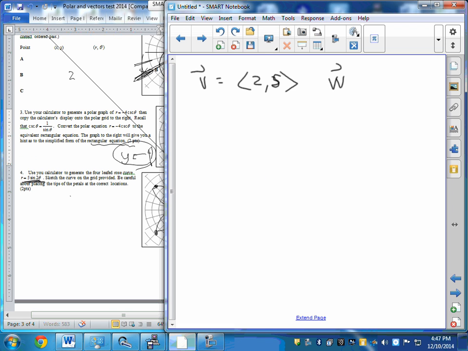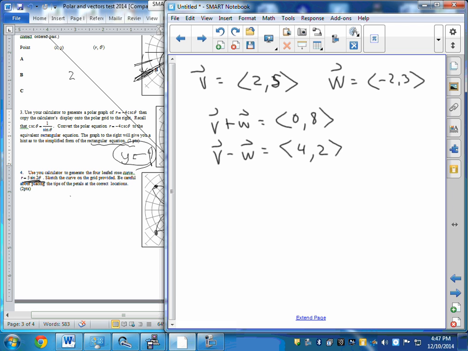Vector w is negative 2, 3, and our task was to find v plus w, just add up the components, 0, 8. We're supposed to find v minus w, subtract the components, so 2 minus negative 2 is 2 plus 2, and 5 minus 3 is 2.